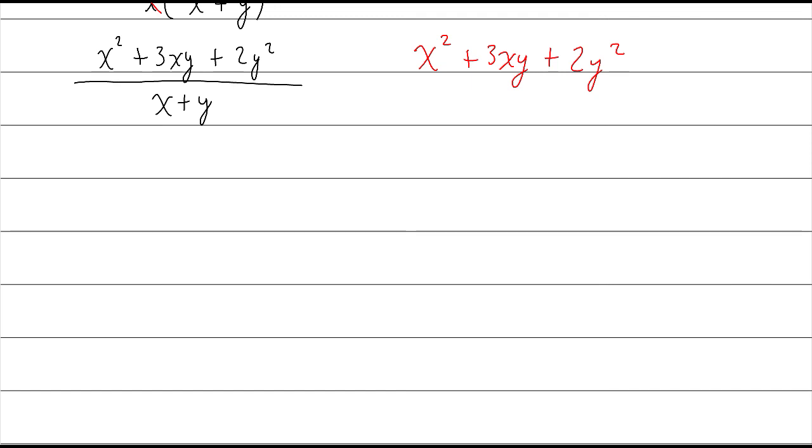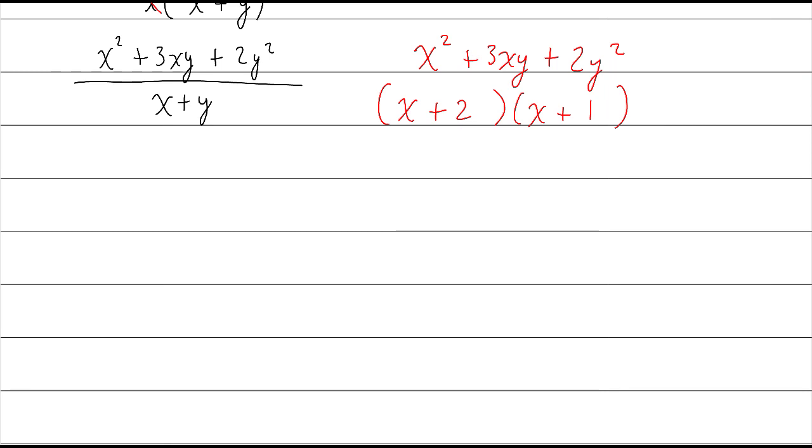If you ignore the y's, x squared plus 3x plus 2 will factor to be x plus 2 and x plus 1, right? Because x times x would be the x squared, 2x plus 1x is 3x, and 2 times 1 is 2.